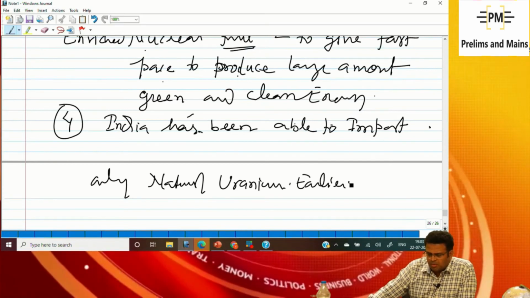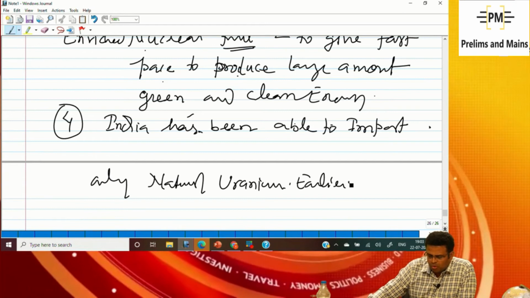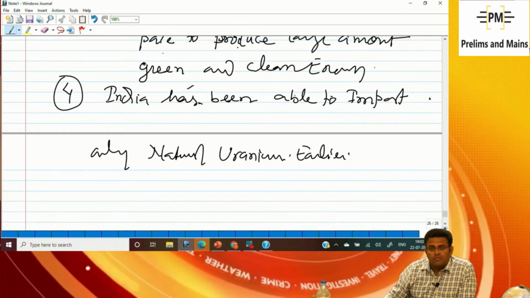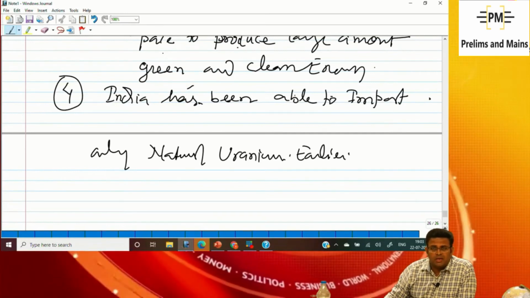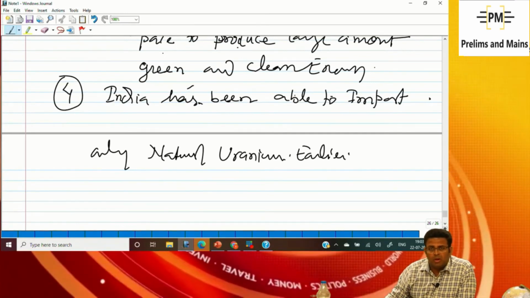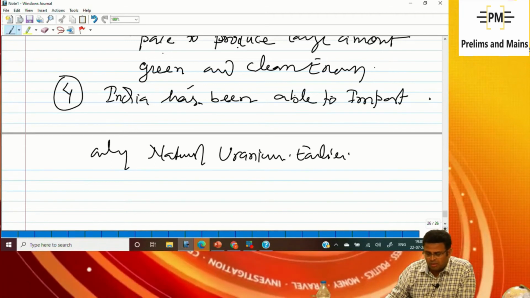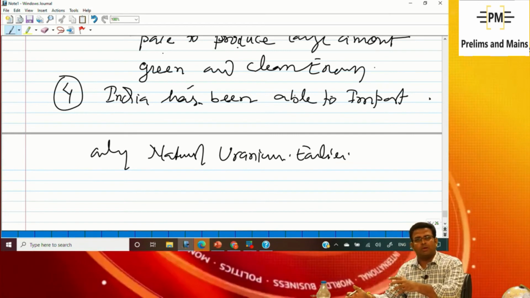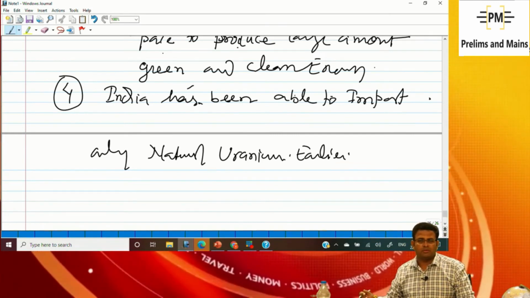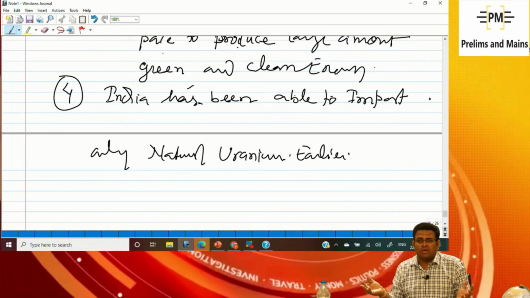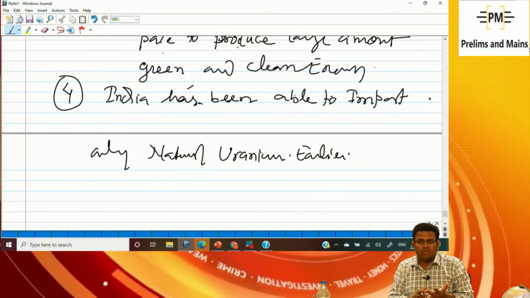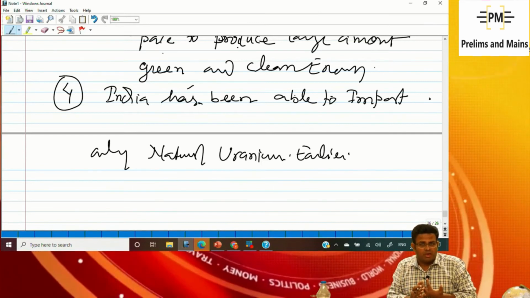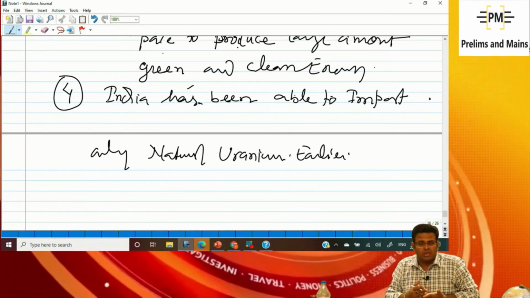India has been able to import only natural uranium. Therefore, if we do not have enriched uranium, we can import only natural uranium. If I have enriched uranium, I can directly put it into the chamber and start producing a large amount of energy. But we do not have that enriched uranium, we do not have an enrichment process, we do not have a better technology.